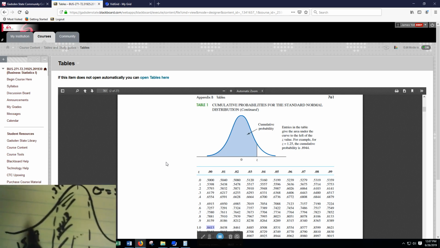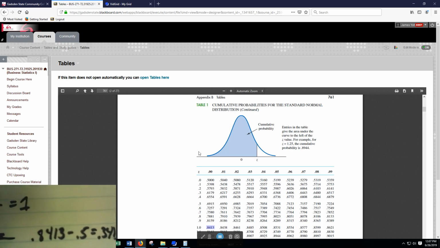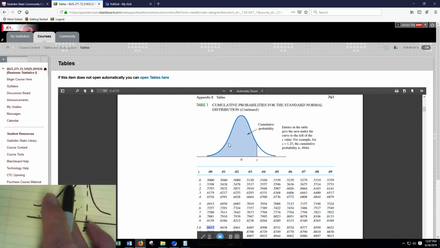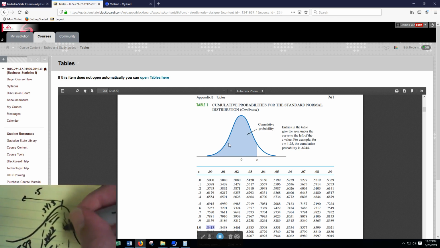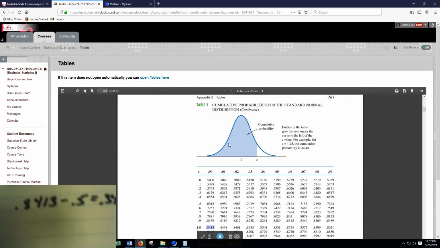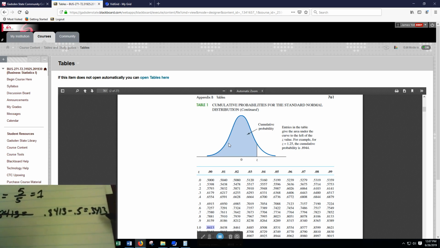So if we take the cumulative probability of 0.8413 that we got here, and subtract half of it, that's the half that falls to the left of the mean, what's left over will be the rest of the probability that we're looking for. And that comes out to be 0.8413 minus 0.5, 0.3413.